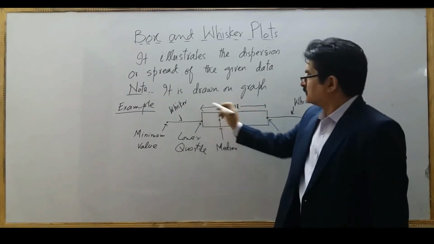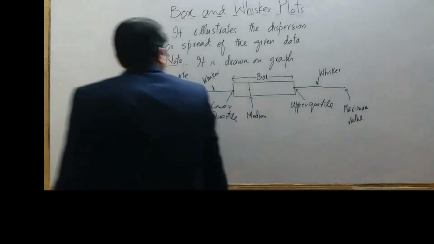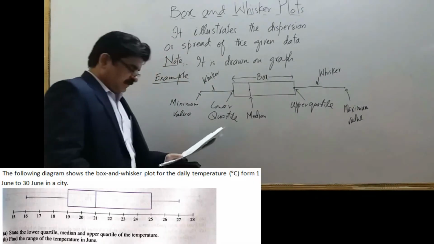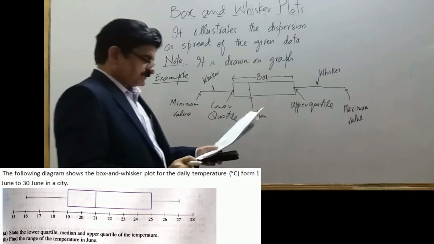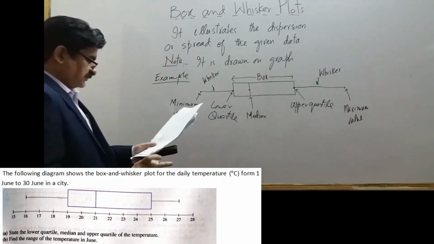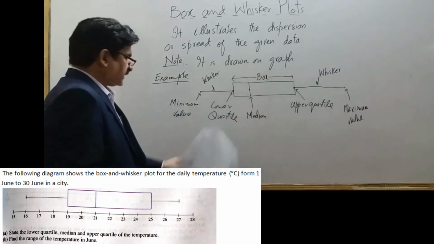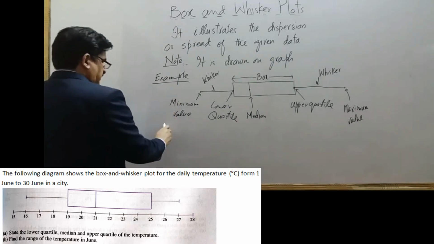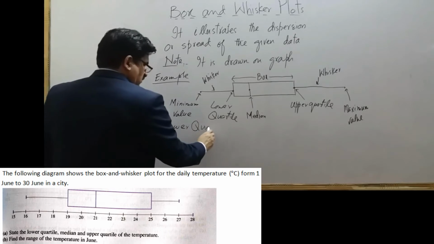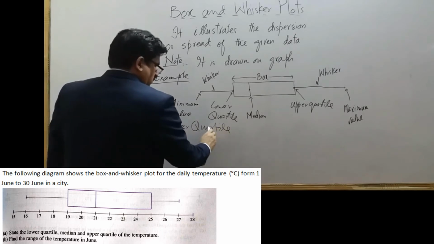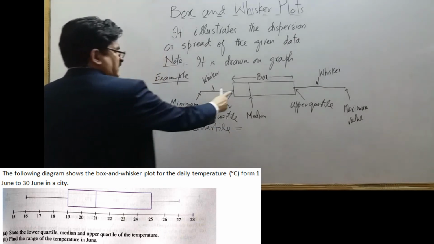Now see first example. You are given the values and you are asked to state the lower quartile. Now in this example, what is lower quartile? Lower quartile means this value.